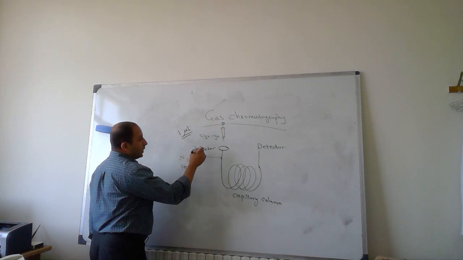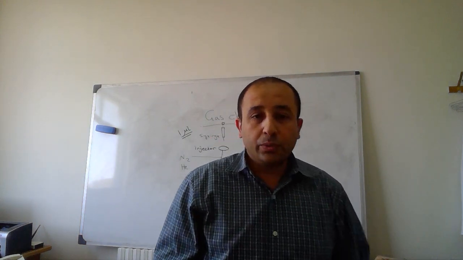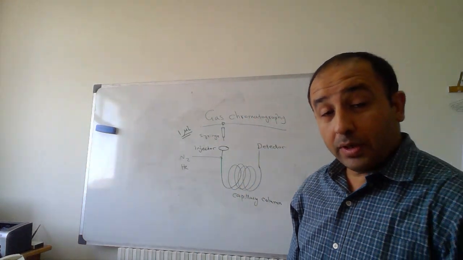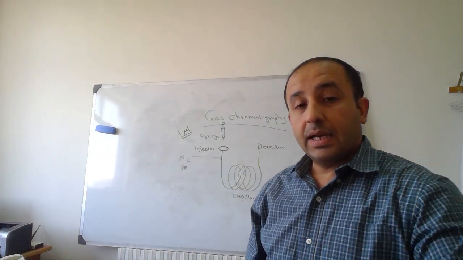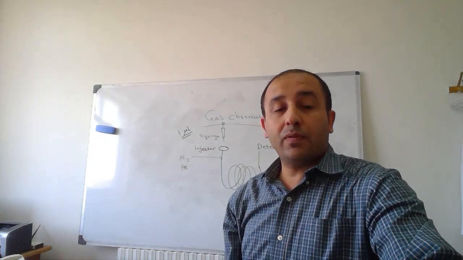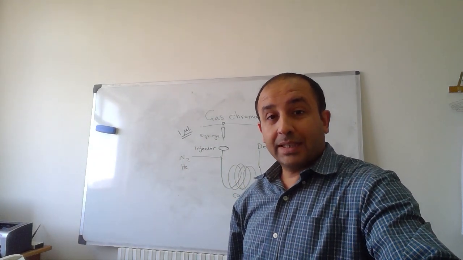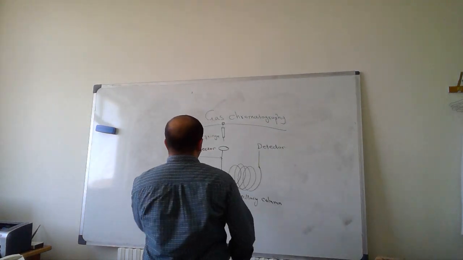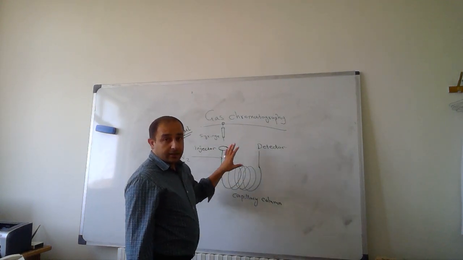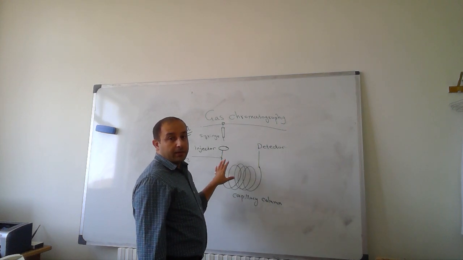We inject 1 microliter of solution because we not only have analyte, but also we have solvent molecules. The whole system in GC is heated to keep the molecules in vapor phase.